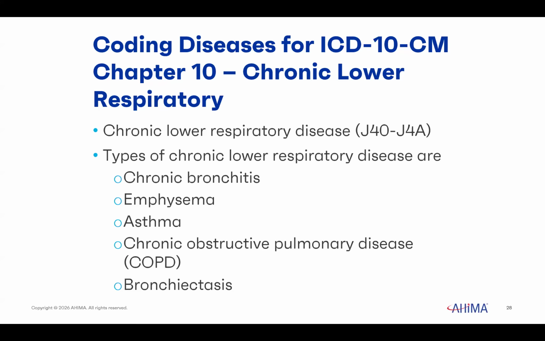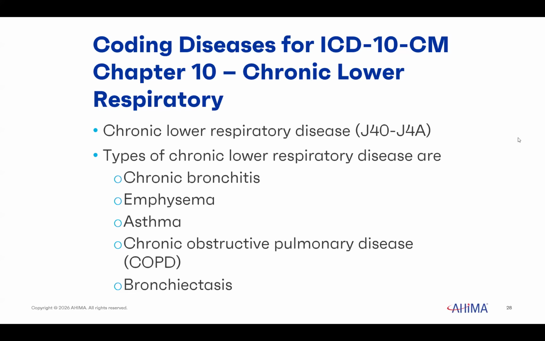Now we're going to talk a little bit more about some of the chronic lower respiratory tract diseases. A lot of these are very common reasons for hospital admissions. These include such things as emphysema, asthma, and of course, COPD and bronchiectasis.